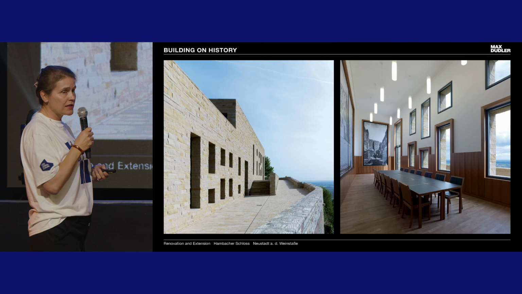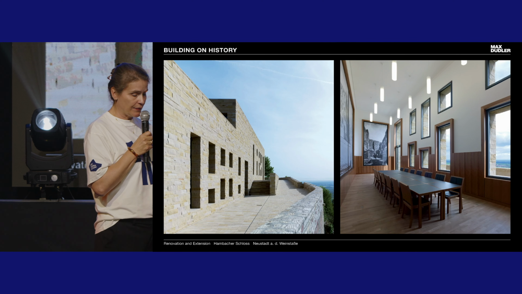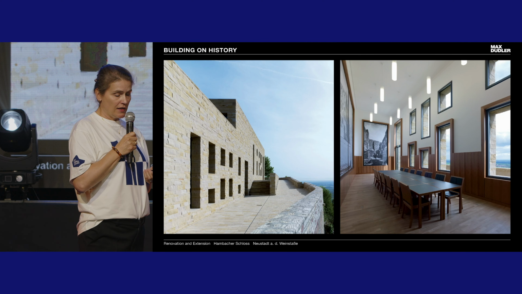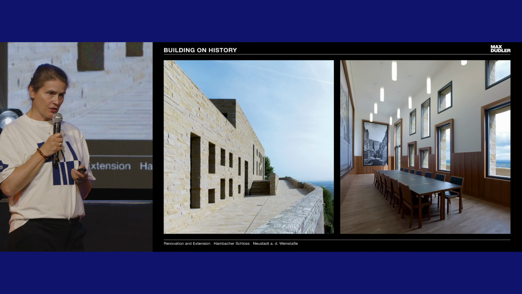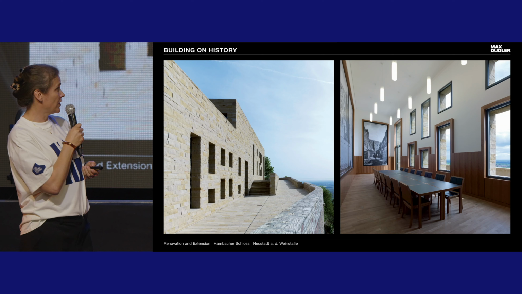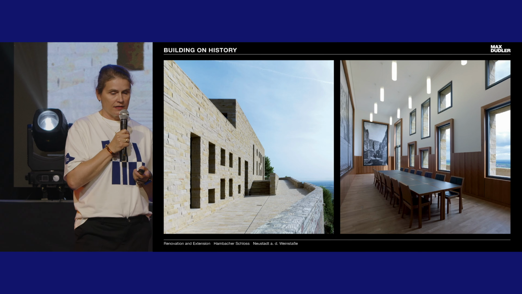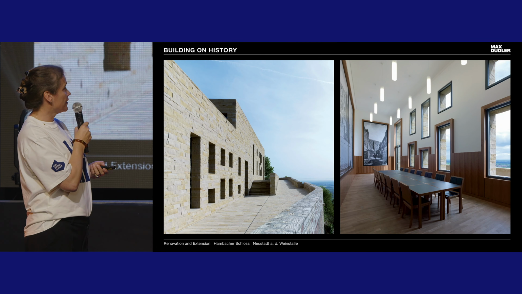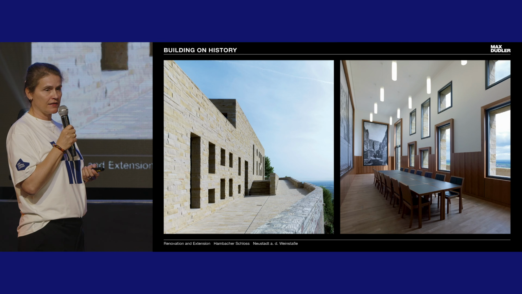For the facade of the restaurant, we had the idea of having the windows as picture frames, and instead of a picture in the frame, you have the views into the landscape. It's like a framed view.